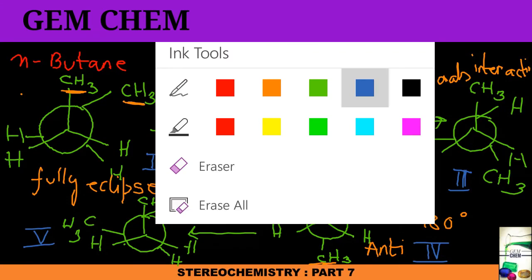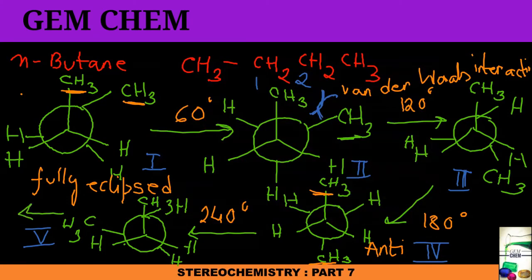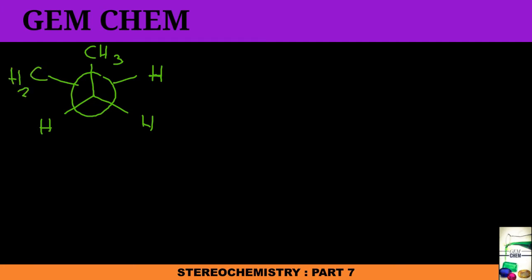Now this is further rotated by 300 degree. So we get this. The first carbon remains the same, CH3 present here, hydrogen, hydrogen, and here now comes hydrogen, CH3 again back in position, with van der Waals interaction present between the 2 CH3s.